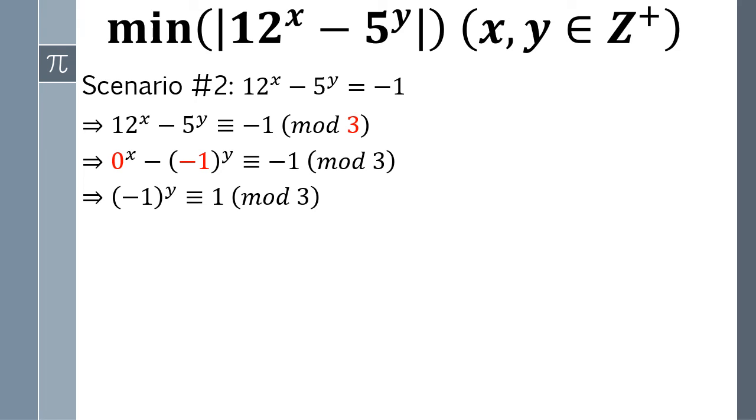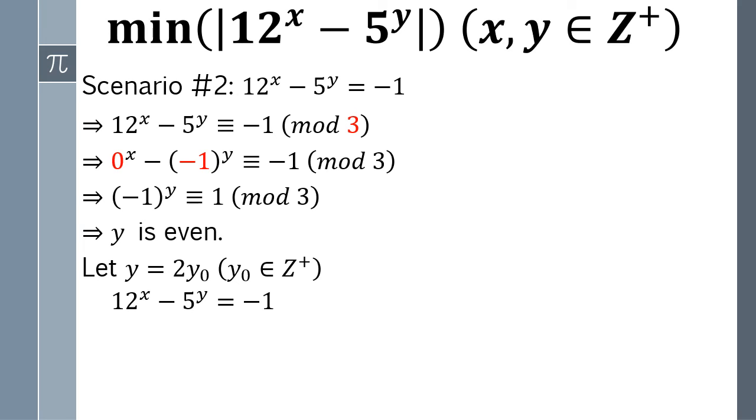And here, we can conclude that y is an even number. Since y is an even number, we let y be 2 y0, in which y0 is a positive integer. And the original equation can be rewritten as 12 to the x power minus 25 to the y0's power equals minus 1.